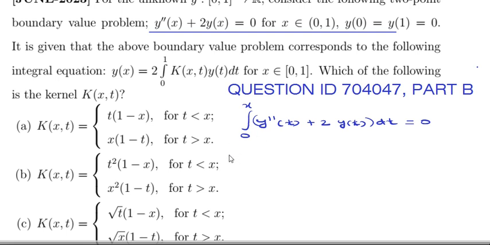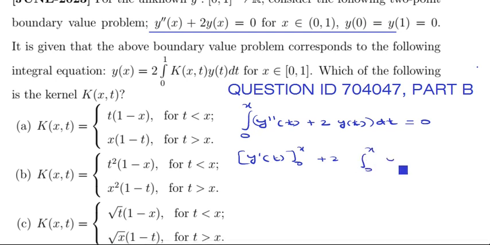So when we integrate, we will get y dash of t, with the limit 0 to x, plus 2 times integral 0 to x y of t dt, equal to 0.